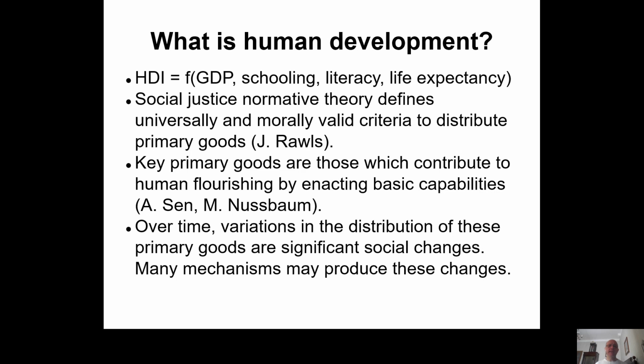Sen and Nussbaum claimed that key primary goods are many, but we have to distinguish the key ones. We need many things to go on with our lives, but the key ones are those which contribute to human flourishing by enacting basic capabilities.